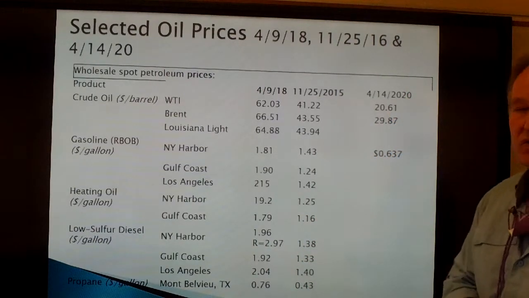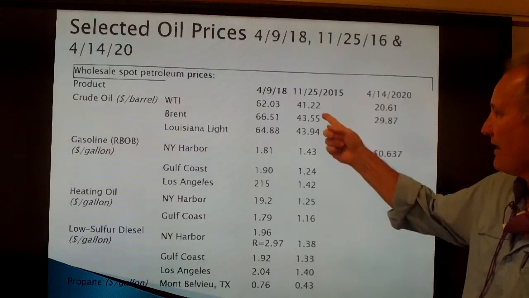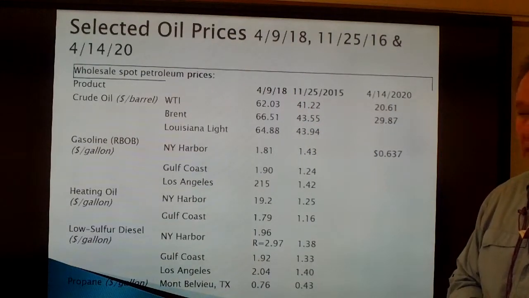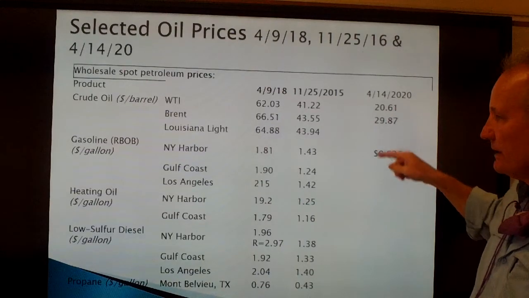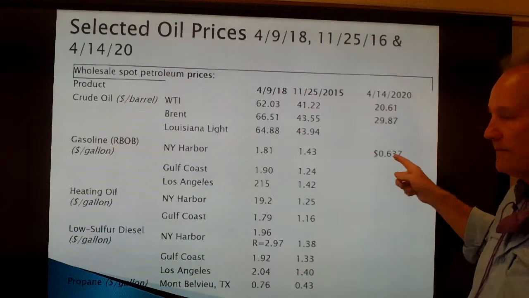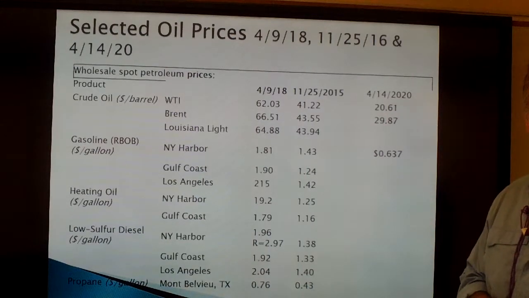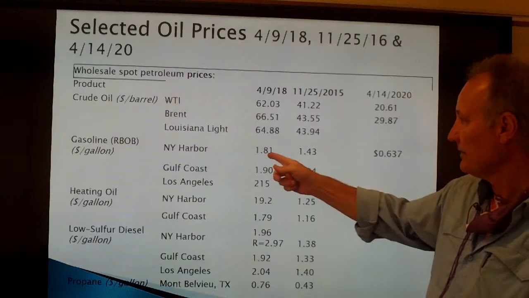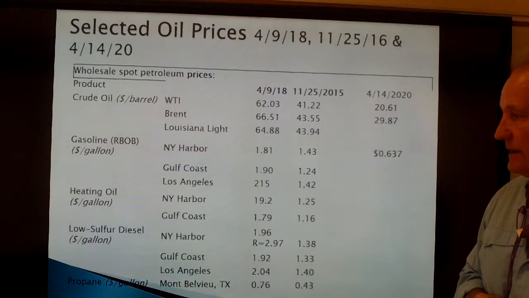Yesterday it was selling at $20.61 a barrel. So half of what it was in 2015 and a third of what it was a year ago. If you look at gasoline on the wholesale market, it's selling at 63 cents a gallon, whereas it was $1.81 a year ago and $1.43 in 2015.